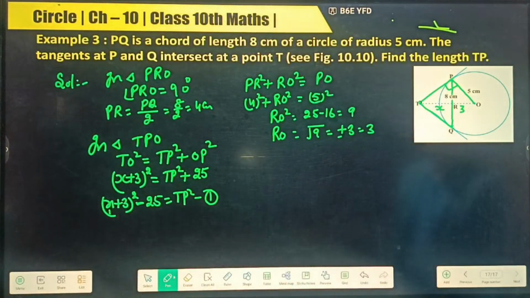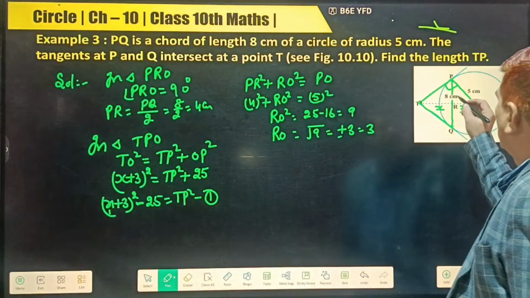Then which triangle can you take? One triangle is this. Another triangle which we can take is this.